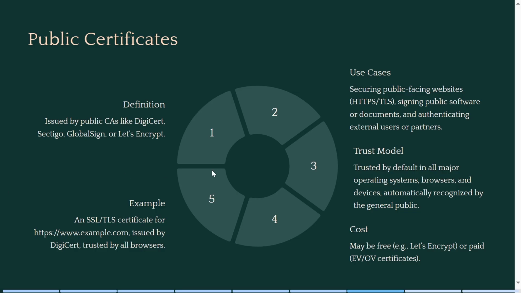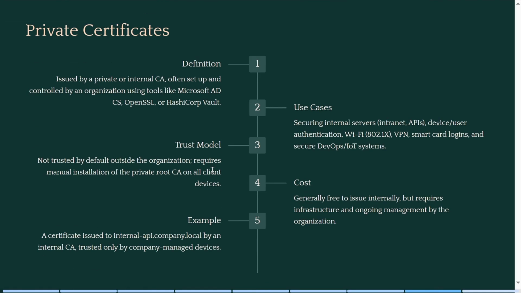Now if I move to the private certificates, what are these private certificates? These are certificates designed to be used within the organization or within an enclosed loop. Suppose I have an organization, and I want some sites or some servers to be accessed only by the employees of that organization.